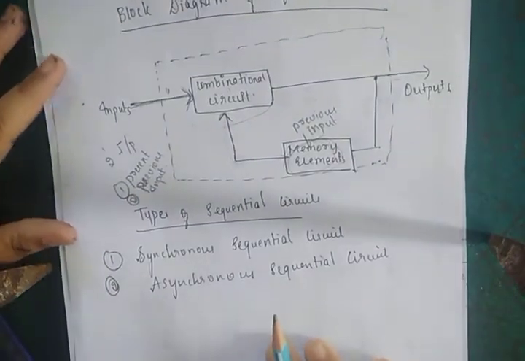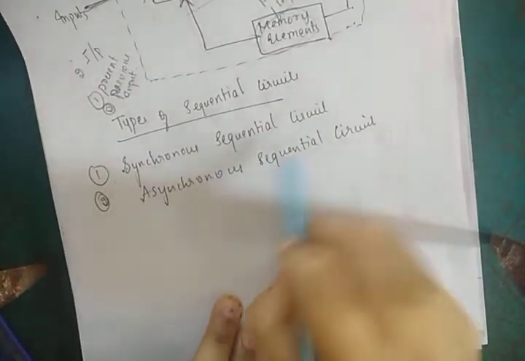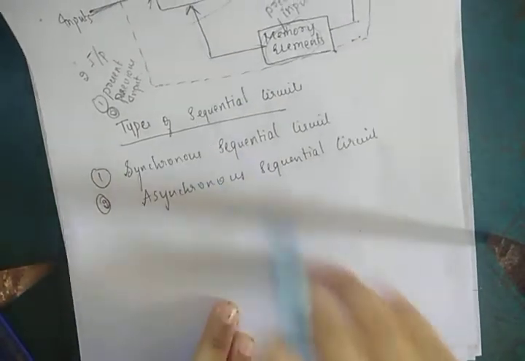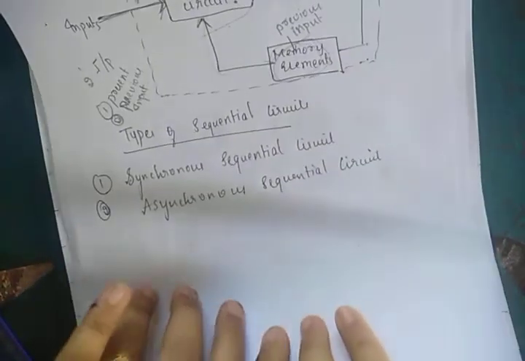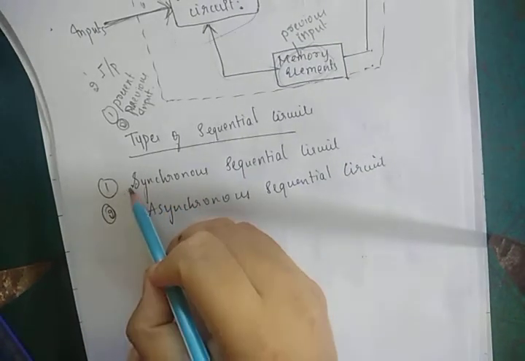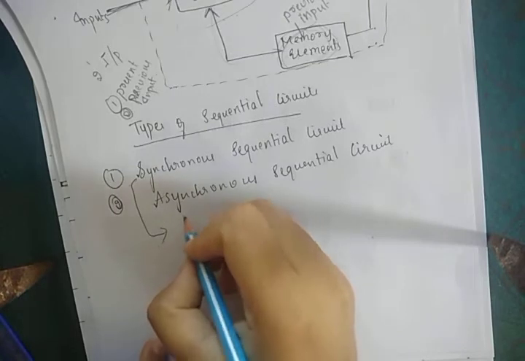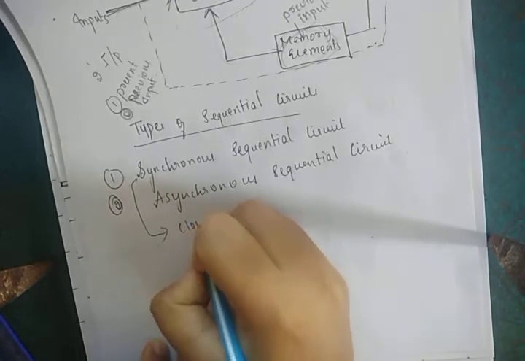Coming to the types of sequential circuits, we have two types: one is synchronous, second is asynchronous, as we know. But in this unit, we are discussing only synchronous. A synchronous sequential circuit consists of a clock pulse.